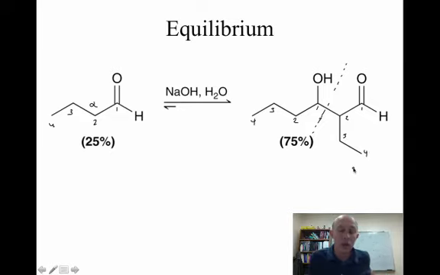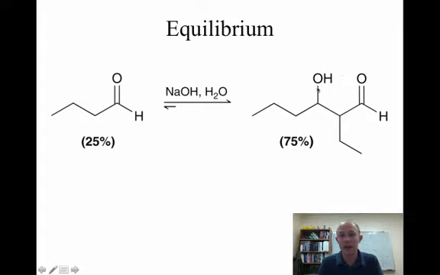So you need to practice this quite a bit to get good at drawing the product of aldol reactions, keeping in mind that this carbon is going to attack this carbon in another molecule. But notice that, at least for aldehydes, the aldol product is more stable than the aldehyde, and thus the equilibrium favors the aldol product.